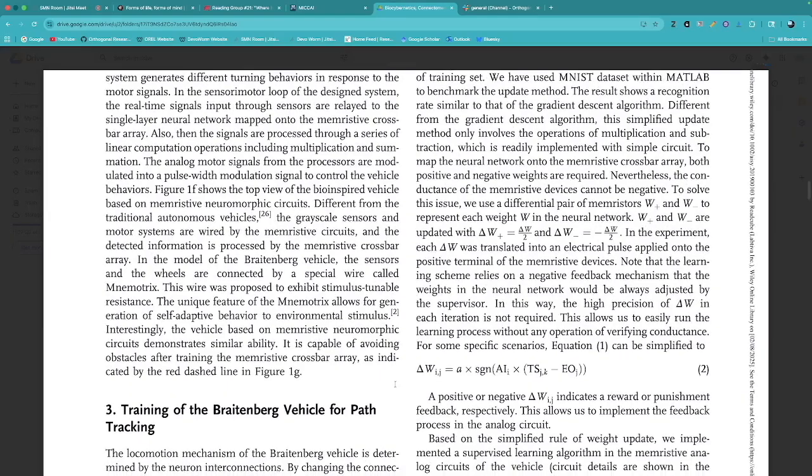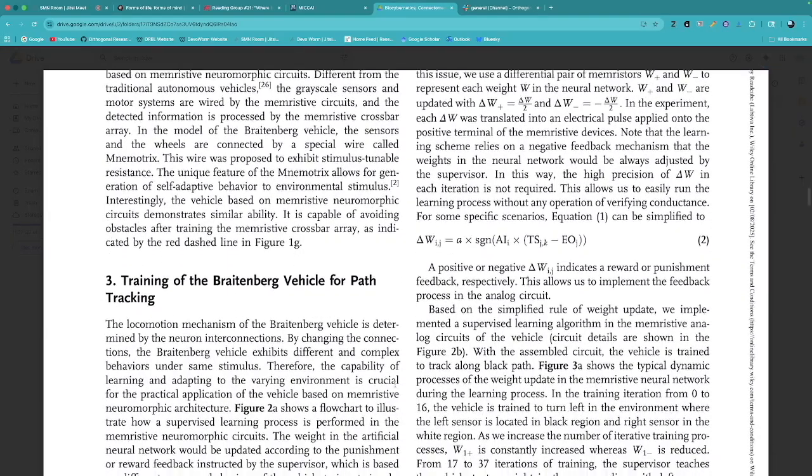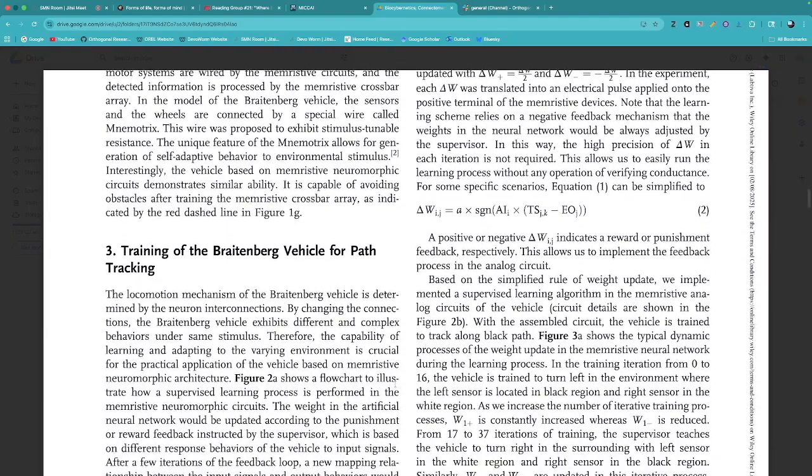Okay, so they go through the training of the Braitenberg vehicle for path tracking. They say that the locomotion mechanism of the Braitenberg vehicle is determined by neuron interconnections. By changing the connections, the Braitenberg vehicle exhibits different and complex behaviors under the same stimulus. Therefore, the capability of learning and adapting to the varying environment is crucial for the practical application of this.